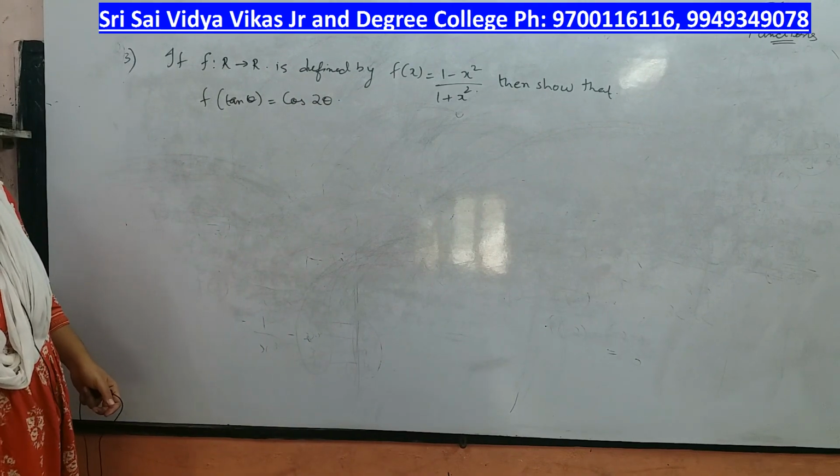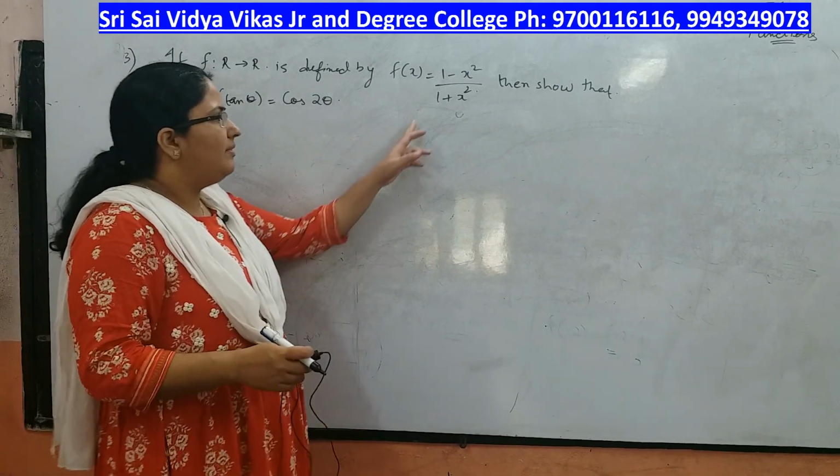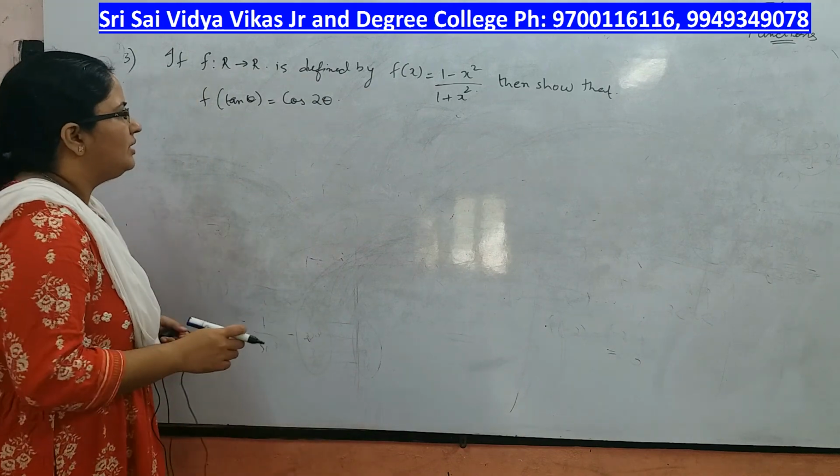Now, here what is given? F of x is equal to 1 minus x square by 1 plus x square, and show that f of tan theta is equal to cos 2 theta.